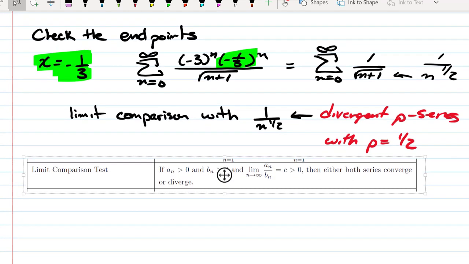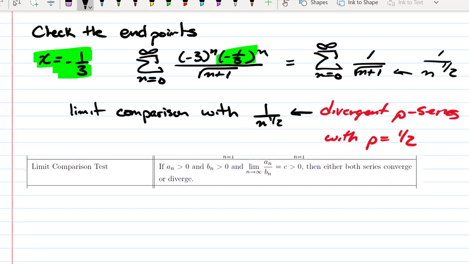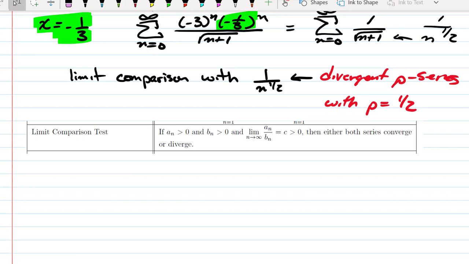So we're comparing using limit comparison with a divergent p-series. So if the limit as n goes to infinity of the a_n's, which is 1 over the square root of n plus 1, over 1 over n to the 1/2, is bigger than 0, then both series diverge.